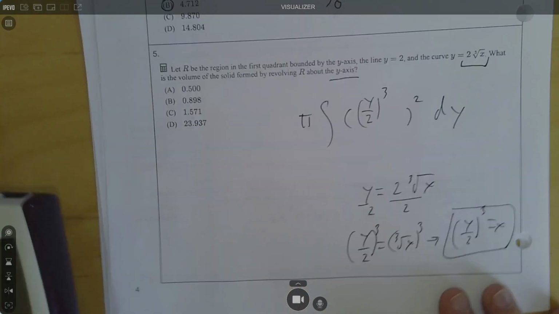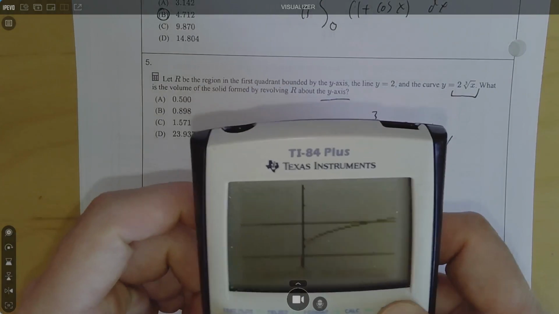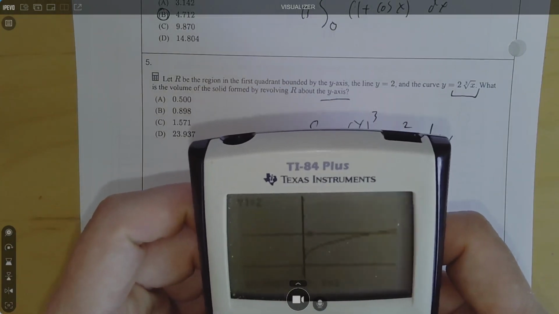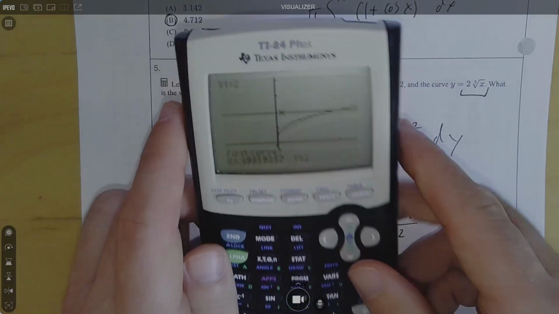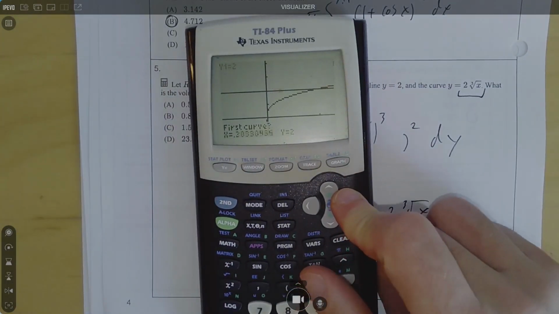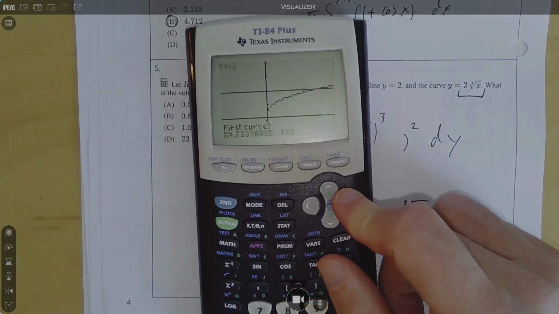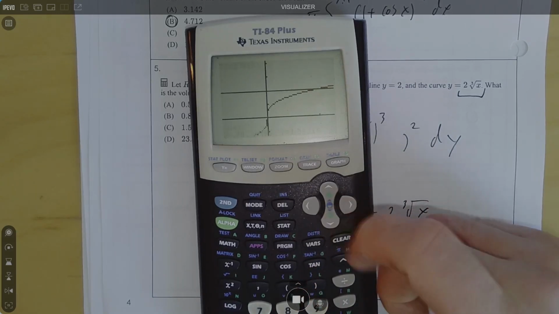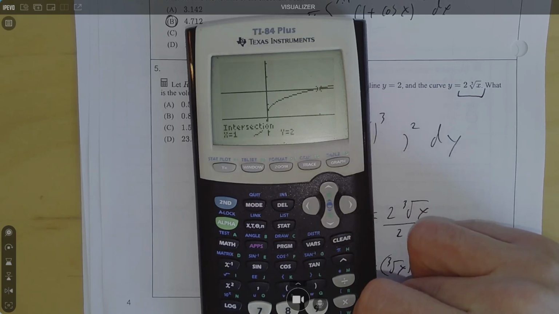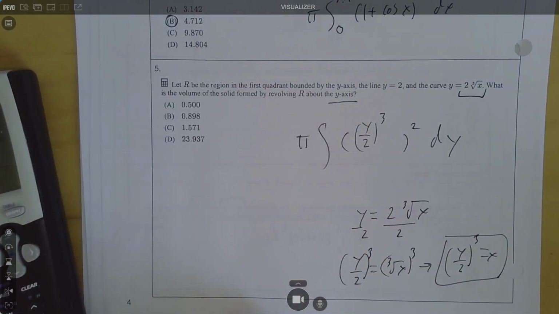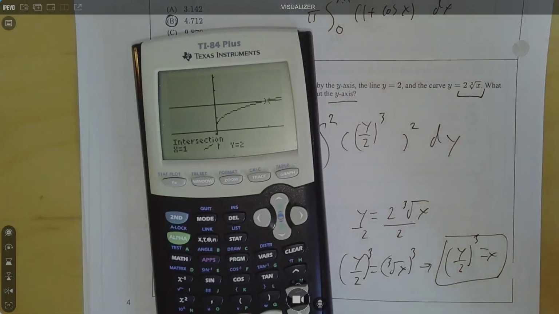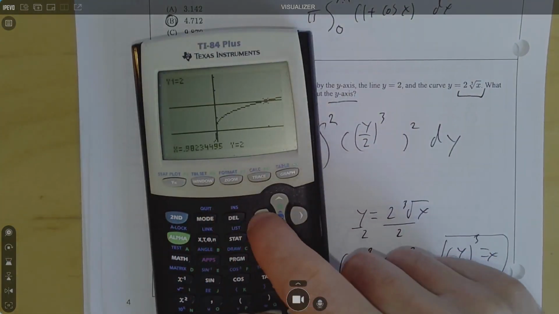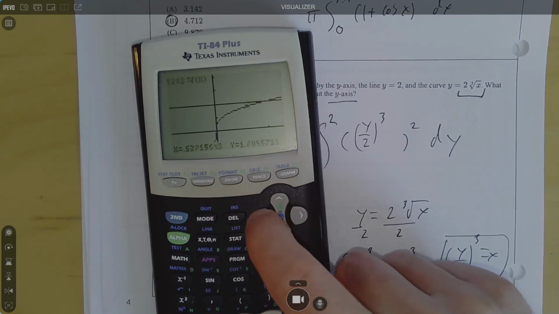We have to get our intersection points. One of them is easy. We're going to do second, intersect, number 5 here. So remember, you're going with respect to y. It's 2. Well, that's easy. So that's 2 is the upper bound. And then my lower bound, I think I would have to do a trick for this one.